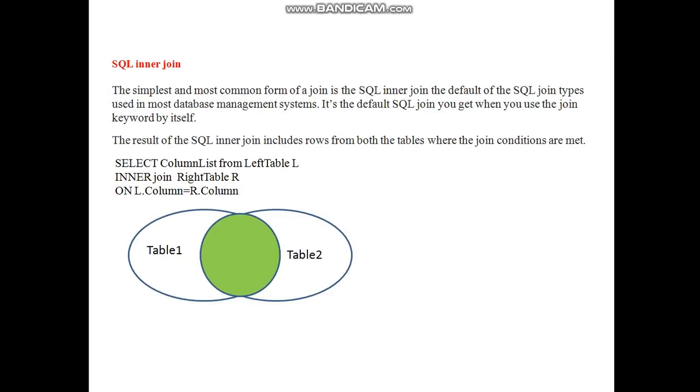The simplest and most common form of a join in SQL is the inner join. It is the default SQL join type used in most database management systems. It's the default join you get when you use the JOIN keyword by itself.